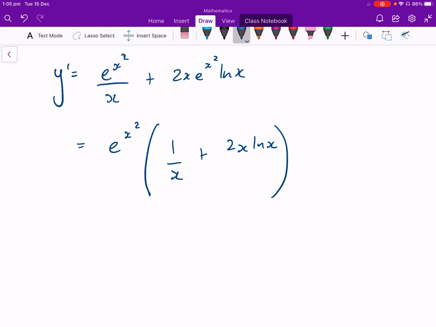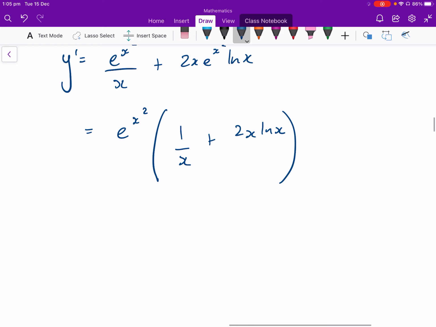Now, what I could actually even further do is take this denominator of an x out. So here, to get that denominator over on the right hand side here, I'd have to times this by x on x. And when I do that, I can take the x out.